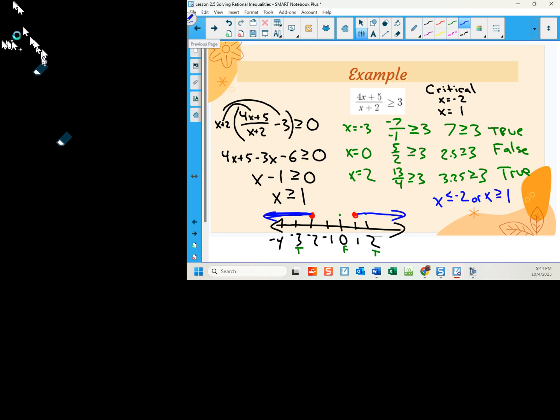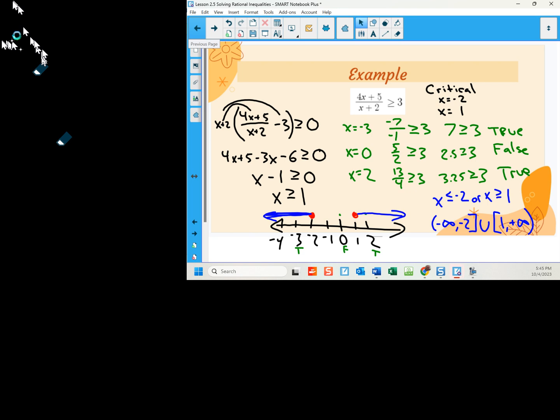In interval notation, that is negative infinity to negative 2, with a bracket including it, union 1 to positive infinity. So that's my answer for that problem. I found my 2 critical points by looking at when my denominator would be 0 and when my equation would hold true, and then I plugged that in.